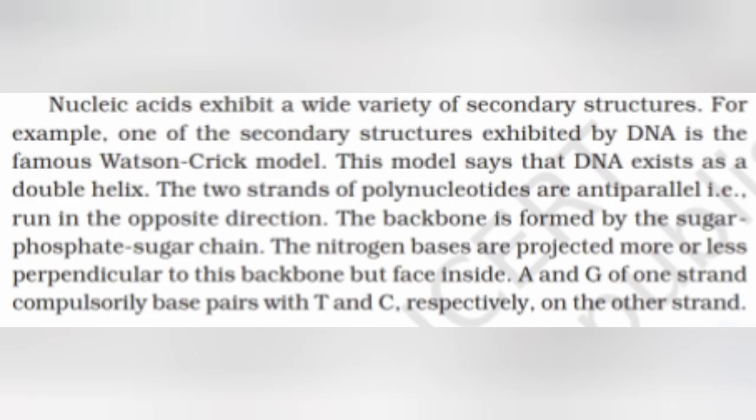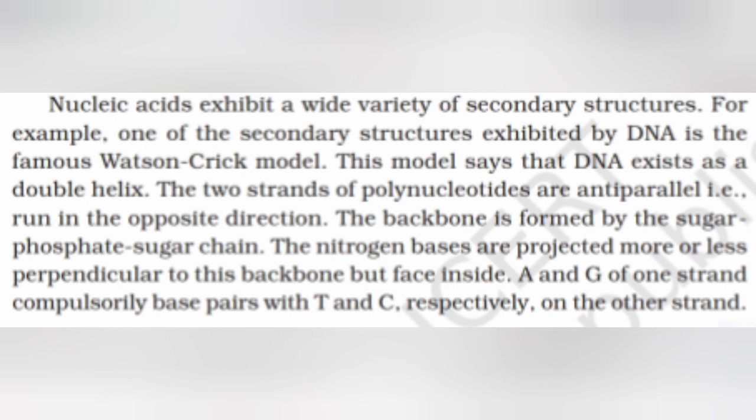Nucleic acid exhibits a wide variety of secondary structures. For example, one of the secondary structures exhibited by DNA is the famous Watson and Crick model. This model says that DNA exists as a double helix. The two strands of the polynucleotide are antiparallel, that is, they run in opposite directions. The backbone is formed by the sugar phosphate sugar chain.